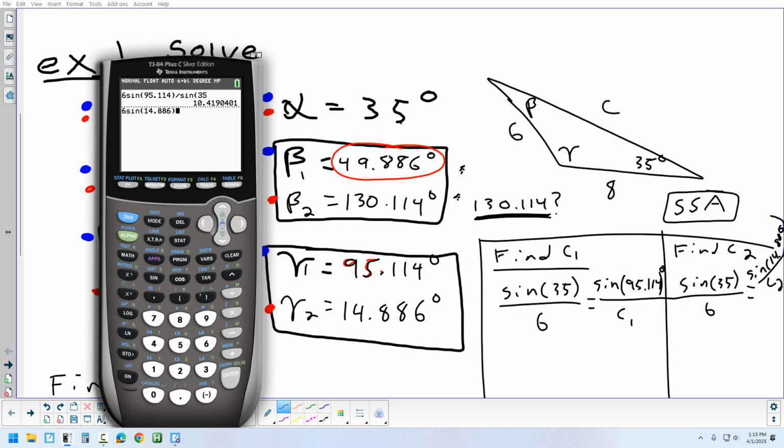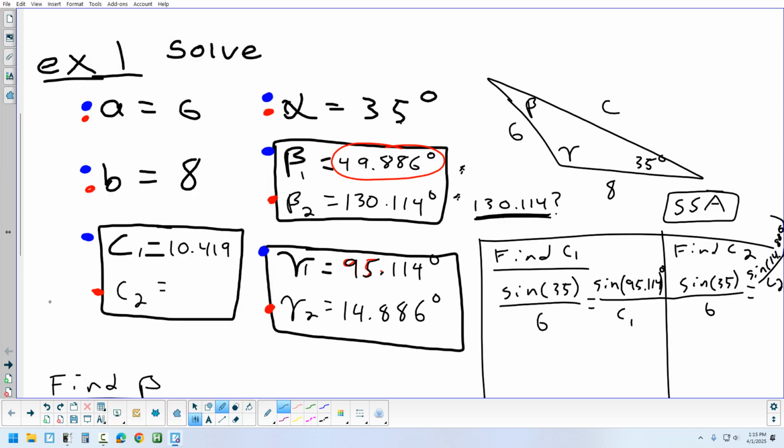You'd have 6 sine 14.886 equals C2 sine 35. And then we divide by the sine 35. That's going to give you 2.687. Okay, and that's a two-solution problem.